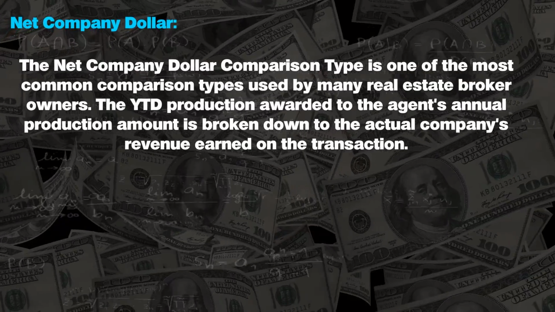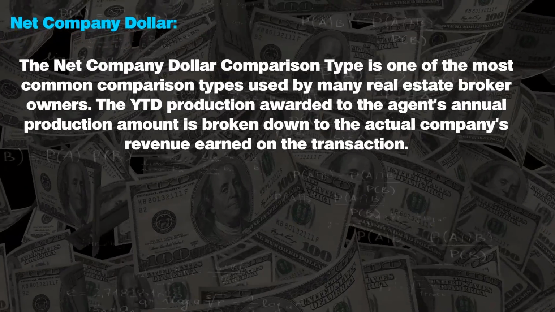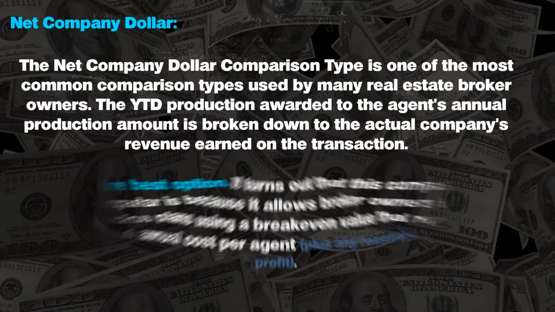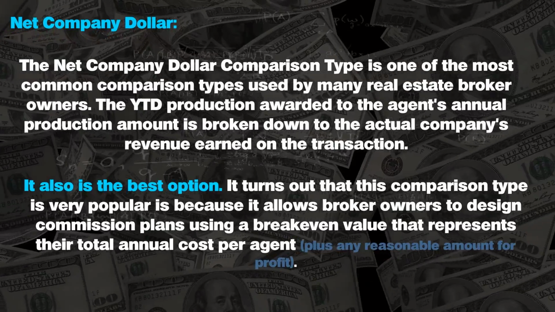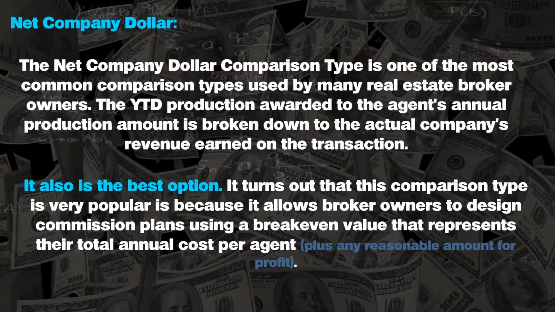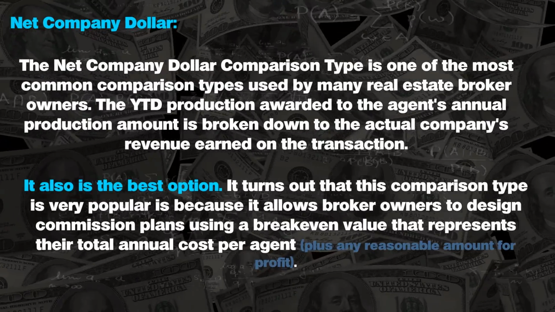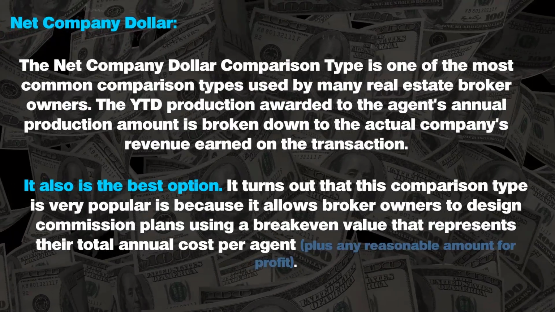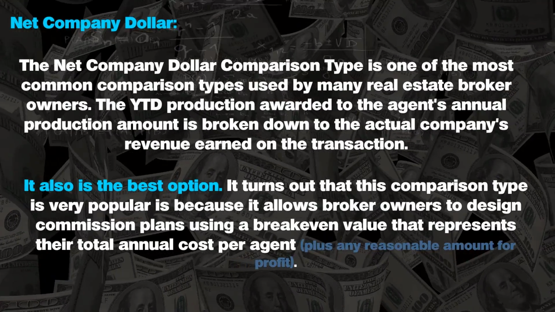The year-to-date production awarded to the agent's annual production amount is broken down to the company's actual revenue earned on the transaction. It's also the best option. It turns out that this comparison type is very popular because it allows broker owners to design commission plans using a break-even value that represents their total annual costs per agent, plus any amount for profit.